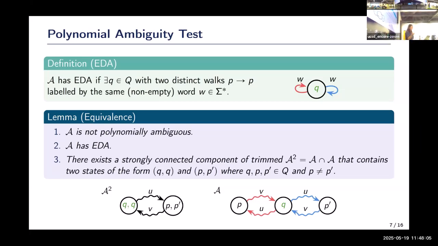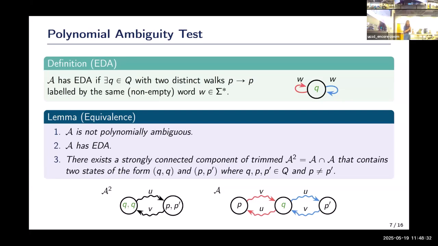If P and P prime are distinct, what this means in the original automaton, again, I need to recall how I built my transitions, is that I had a walk from Q to P and from Q to P prime, reading the same word U, and conversely back to Q, reading the same word V. Right? So if P is distinct from P prime, then I have exactly those two loops that read the word UV.